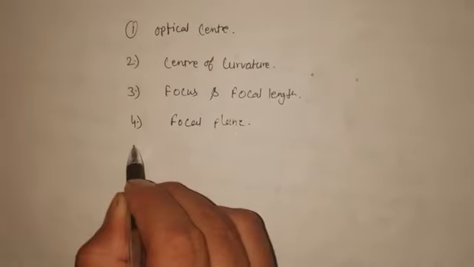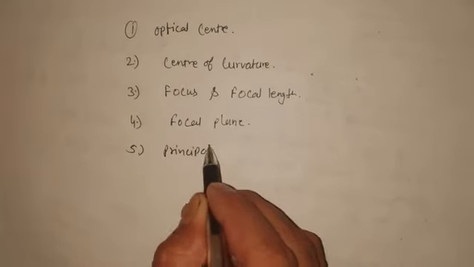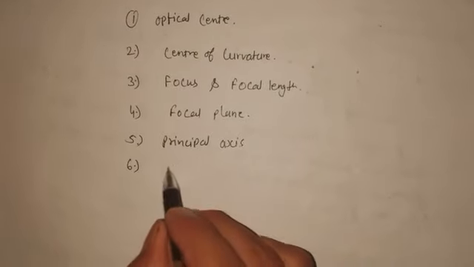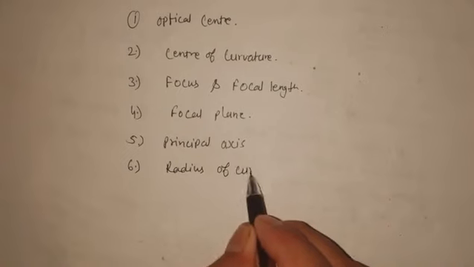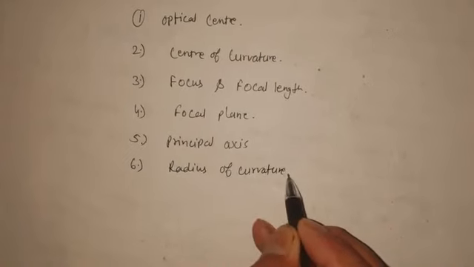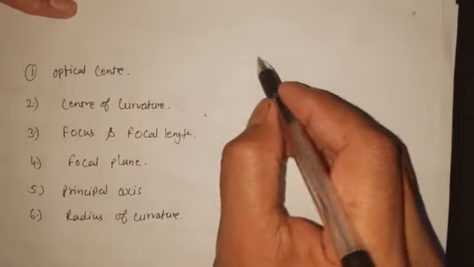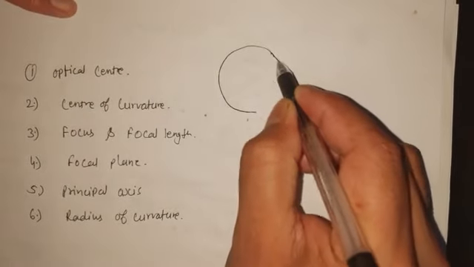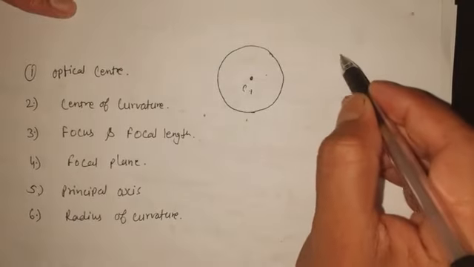Thus we get the concave lens. This concave lens again has two centers, C1 and C2, and a line joins them together. This is the principal axis, and if a ray of light falls directly on the optical center, it will pass undeviated. That point within the lens is said to be the optical center. There will be only a single point where the ray will pass undeviated.